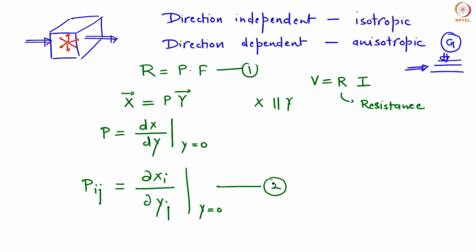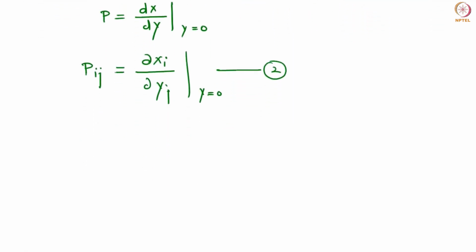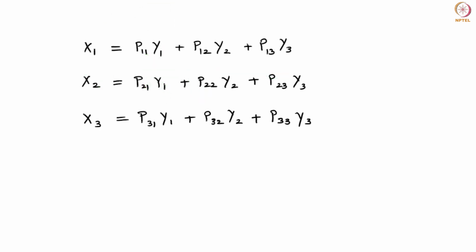Now you have 9 possible combinations of x and y in the i and j directions. Why do we have 9 combinations? Because both x and y are vectors. Let me write down these expressions again. Here I have written down all the expressions. These are the general expressions which can be represented as a 2D tensor or a matrix.